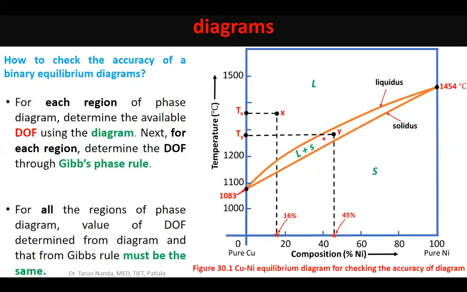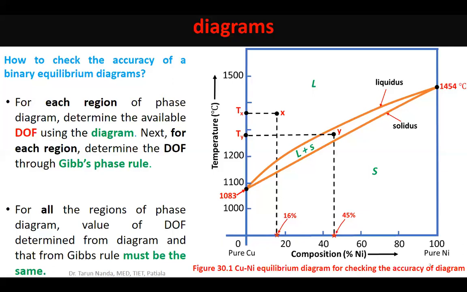Same we do for this region, same we do for this region. And in all types of phase regions, if the answers that are coming for the degrees of freedom from the diagram and then from the Gibbs phase rule applied to that region of the diagram have complete parity, there is absolutely no problem with the diagram.